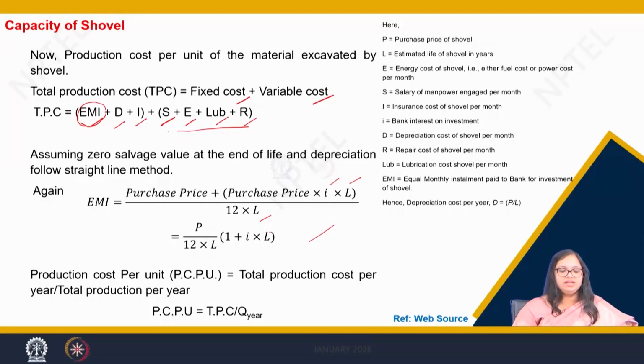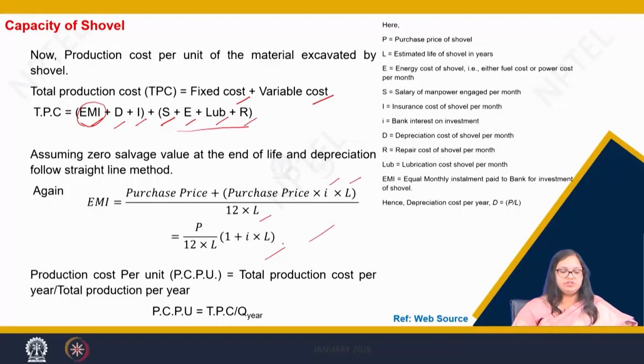So, every month what would be my EMI. This purchase price plus purchase price multiplied by interest multiplied by estimated life of the shovel gives me the total amount that has to be paid, which is divided by the estimated life of the shovel in years, and to convert it to a monthly basis, it is divided by 12, which gives me this formula for EMI.